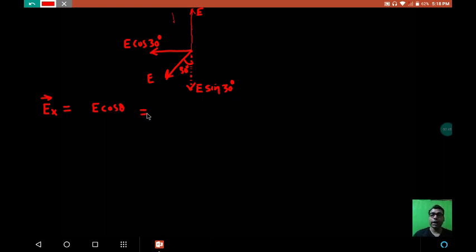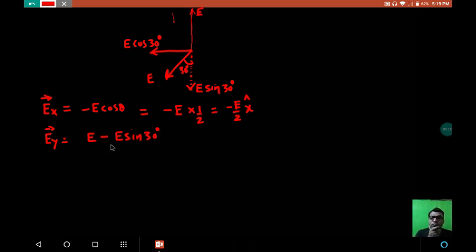Because it is in the negative direction, we put a negative sign, so minus E cos 30, which is 1 by 2, so minus E by 2 x cap. X cap is in the x negative direction. Now the y component is E sin theta. So vertical up is E minus E sin 30 degree.